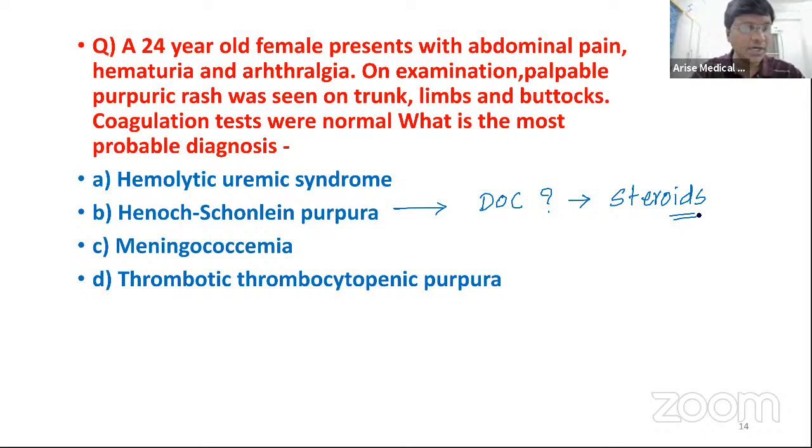Not IVIG. Yes, because you have come up with the point of IVIG, that is intravenous immunoglobulin. Can you tell me, IVIG, intravenous immunoglobulin, is given in which type of vasculitis?